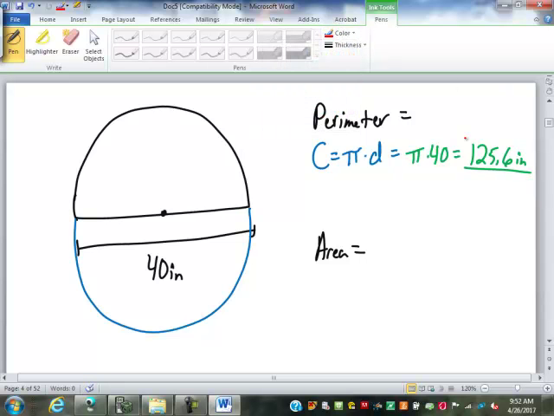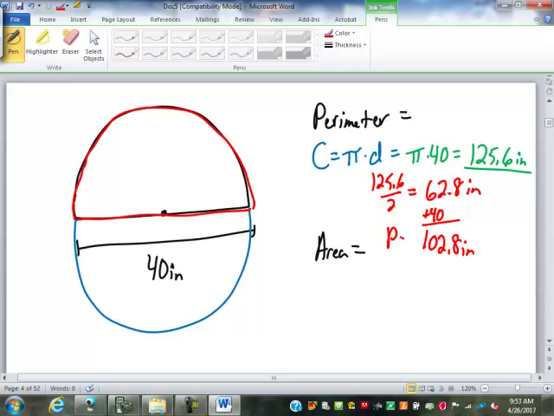We've only got half of a circle, right? Divided by 2, which is going to be 62.8 inches. Is that my perimeter of the figure? Well, that is this length here. What do I still need? Yeah, that 40 inches there. So that's 102.8 inches of perimeter.